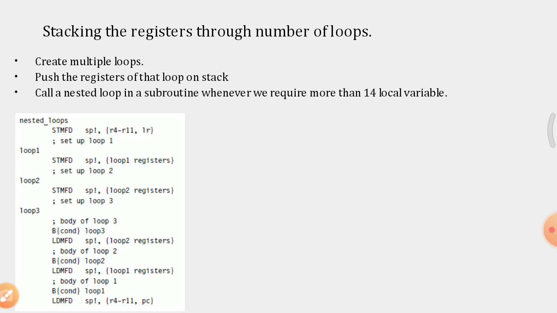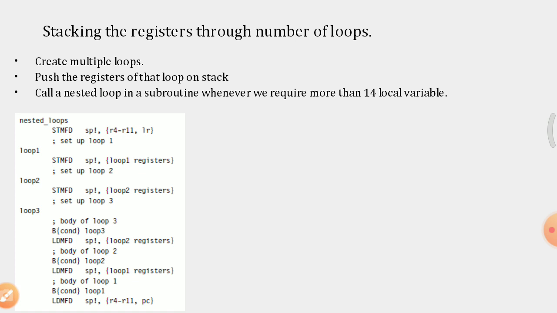A single subroutine program is going to have multiple loops, and that is going to push the registers of that loop on the stack and then call a nested loop in a subroutine whenever we require more than 14 local variables. This is stacking the registers through a number of loops.